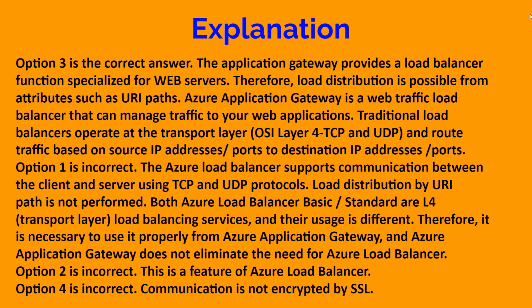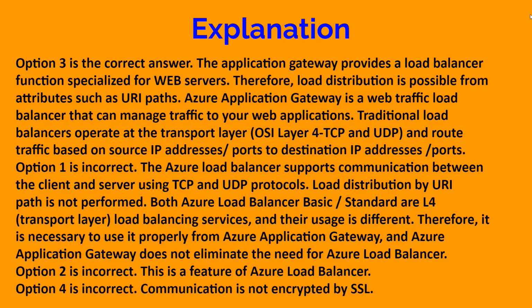Option 1 is incorrect. The Azure Load Balancer supports communication between the client and server using TCP and UDP protocols. Load distribution by URI path is not performed. Both Azure Load Balancer Basic/Standard are L4 transport layer load balancing services and their usage is different.